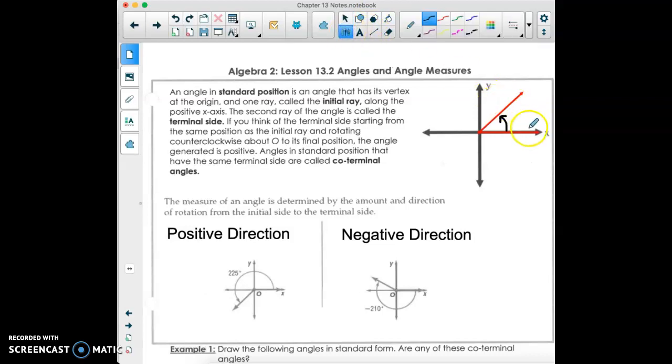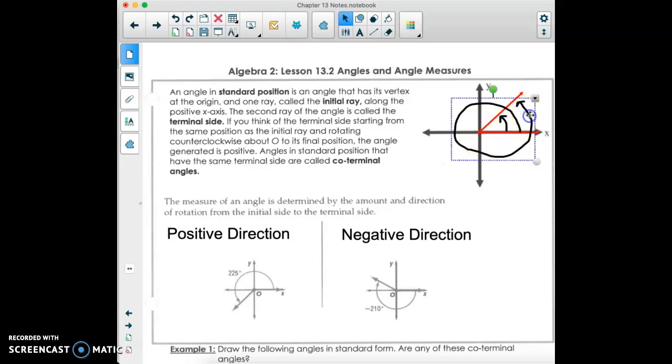For example, if I started here and I went up and all the way around this circle and I ended up at this ray, so I started here and I ended here, even though these two arrows have two different angle measures, they are considered coterminal angles because they share the same two sides and the same vertex. So that is what it means to be in standard position and to be coterminal.